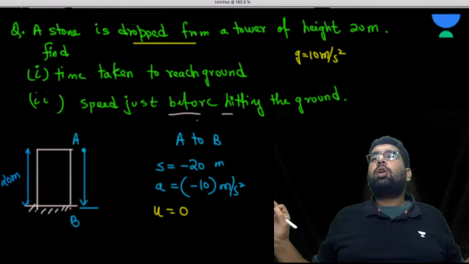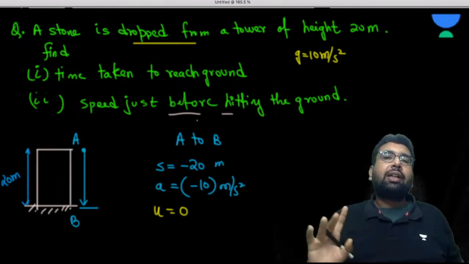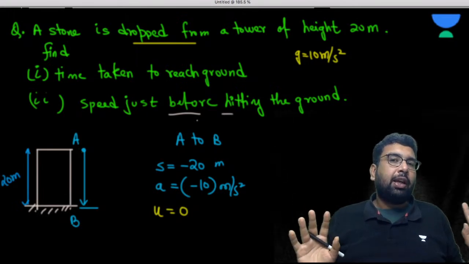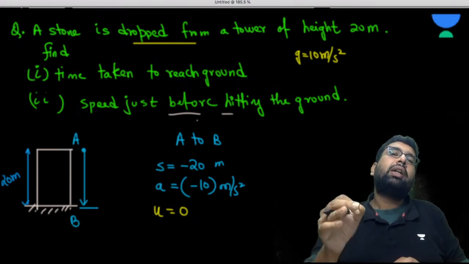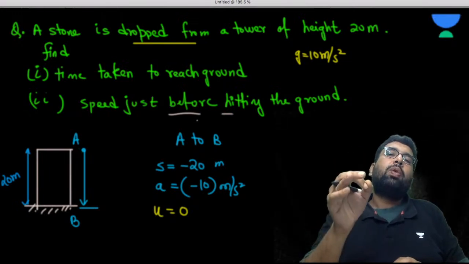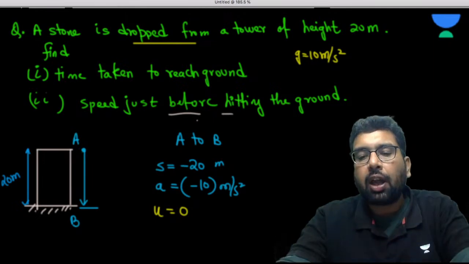Many students think so. Never consider the velocity to be 0 at striking. When it strikes, the velocity is not 0. Always, when you are using the equation of motion under such circumstances, the final velocity is to be considered the velocity just before hitting the ground. Understood? Now see how we are going to do it.